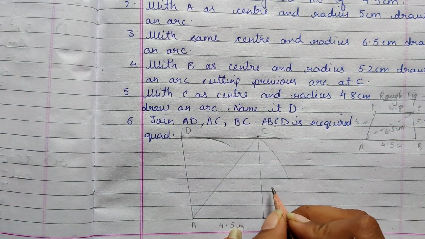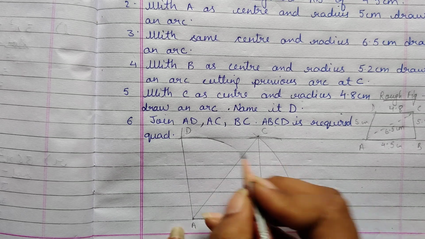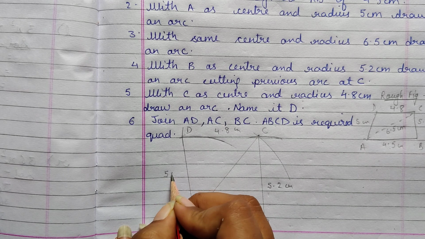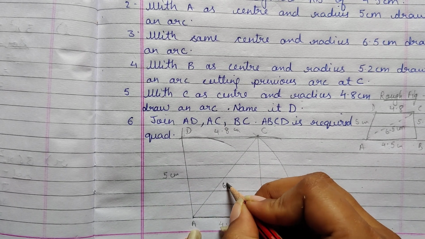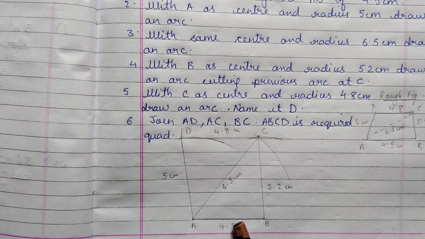Mention all the dimensions. So this side is 5.2 centimeter, this is 4.8 centimeter, this is 5 centimeter, and this diagonal is 6.5 centimeter. So ABCD is a required quadrilateral, and this is how we make a quadrilateral when all the 4 sides of a quadrilateral are given.